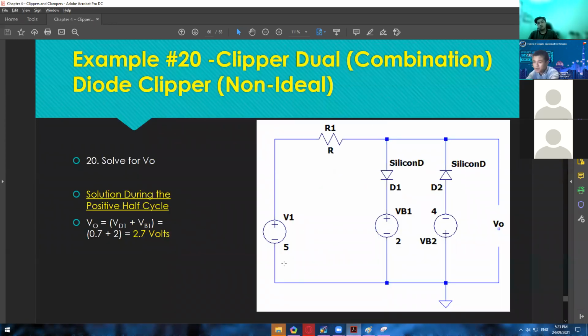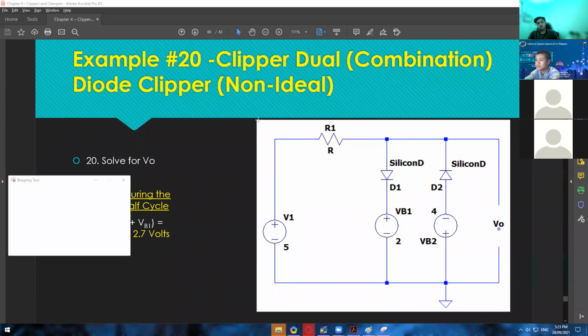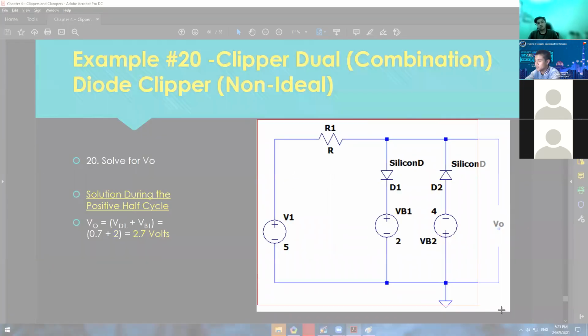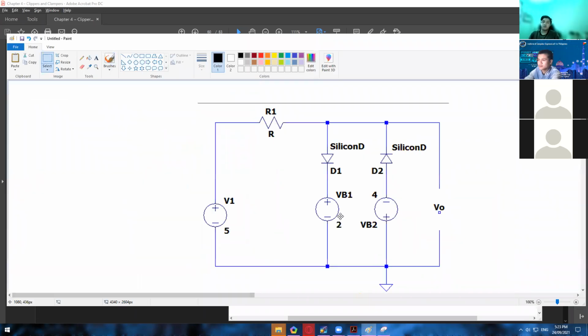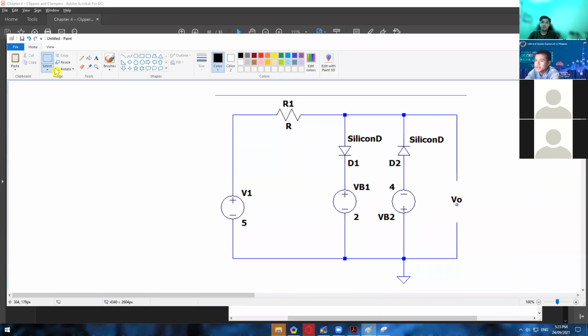Okay, so in here, the idea of a shunt clipper will be carried out on this dual clipper. During the positive half cycle, we only have two possible scenarios. In the positive half cycle, we have positive and then negative. If you take a look at this one, positive is connected to positive, and negative is connected to negative.